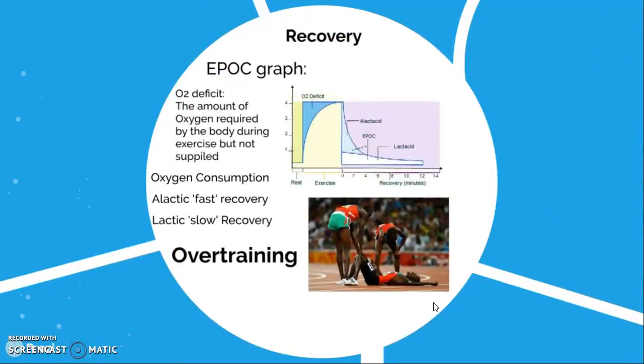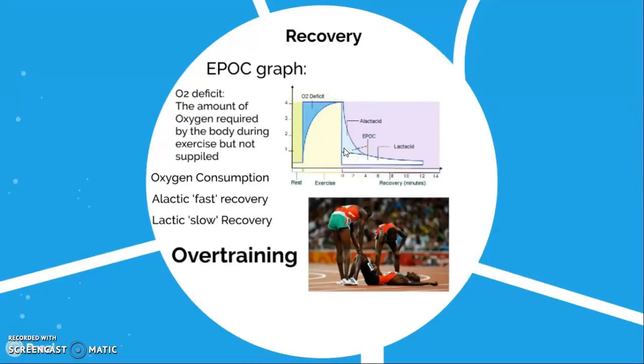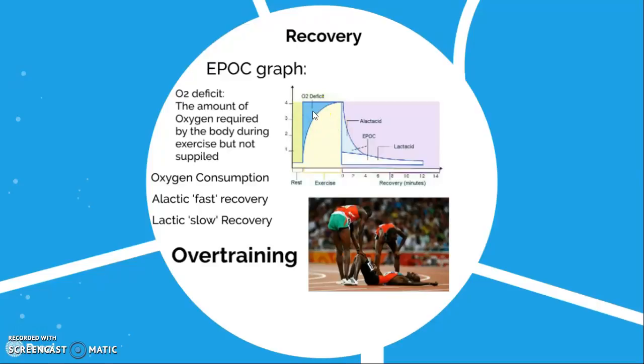Right, now moving on to recovery. As we can see, recovery can be analysed in the first main way, which is looking at EPOC graphs. And the EPOC graph will firstly show the oxygen deficiency that an individual has built up, so the amount of oxygen that is required by the body but hasn't been able to be produced, as maybe the person is working anaerobically, as oxygen deficit doesn't appear in aerobic activities.